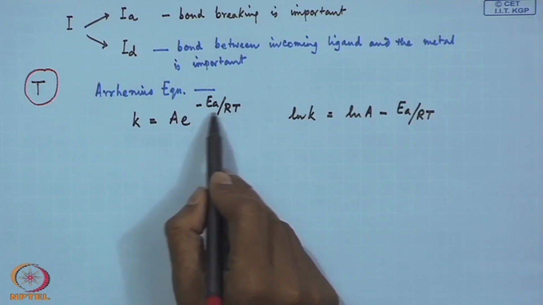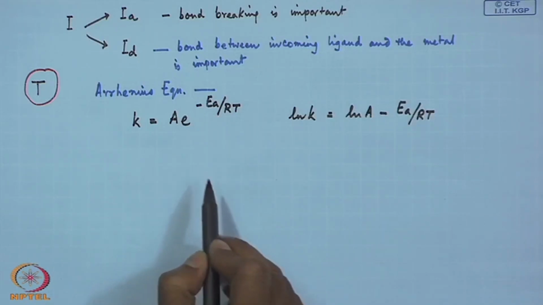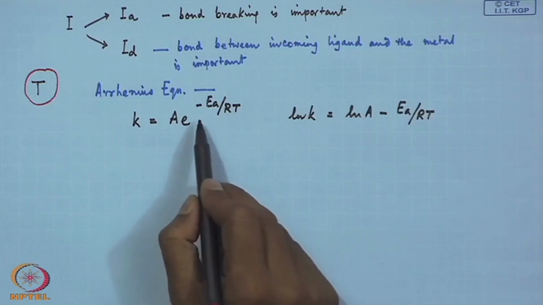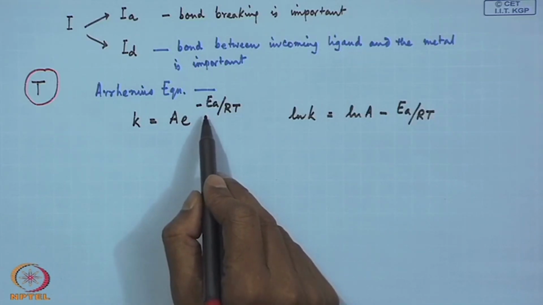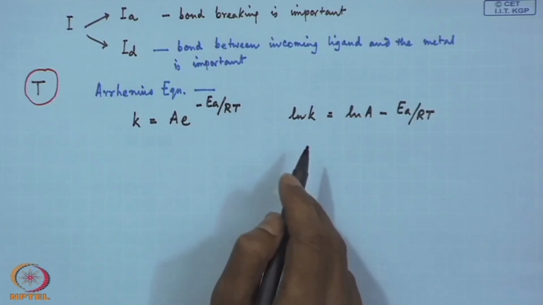But this EA value is nothing but the energy of activation, the potential energy barrier. How quickly we can cross the energy barrier in terms of the energy of activation gives rise to the rate of the reaction.